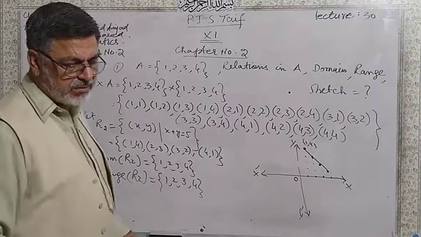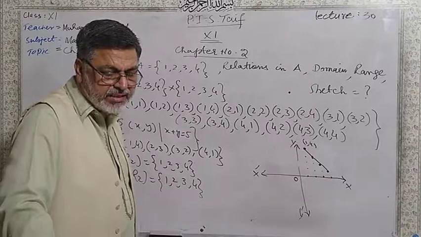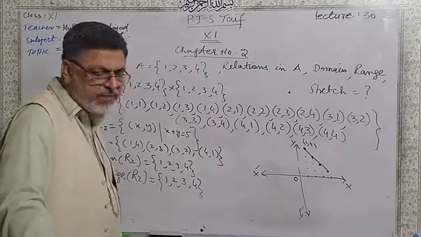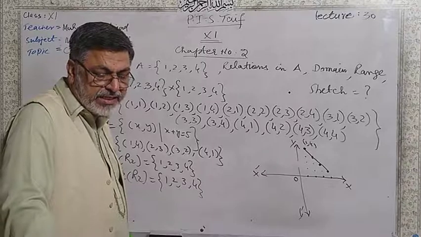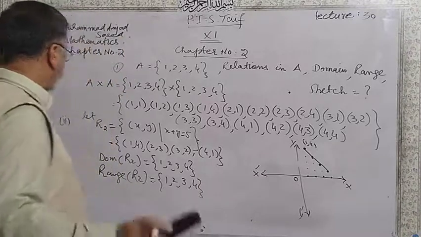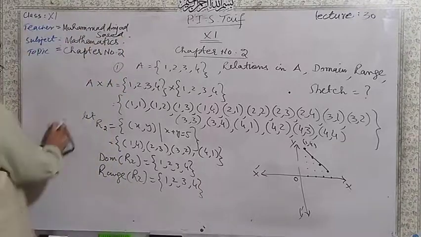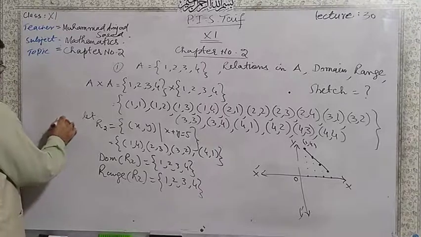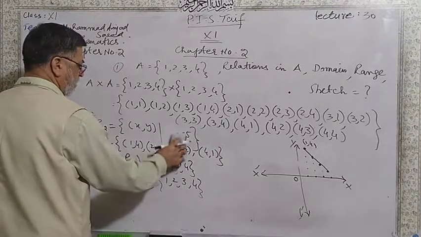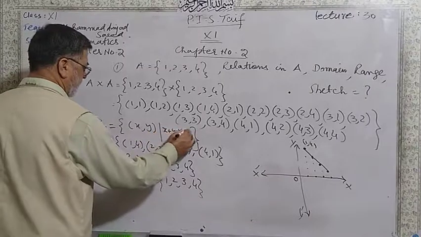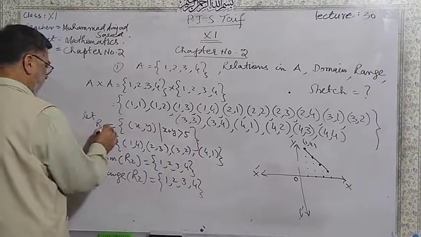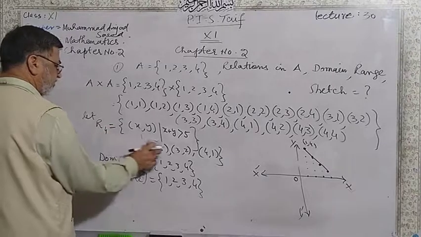After that, part number 3 is xy such that x plus y is less than 5. And part number 4 is xy such that x plus y is greater than 5. I am taking part number 4, it may be taken as R4.